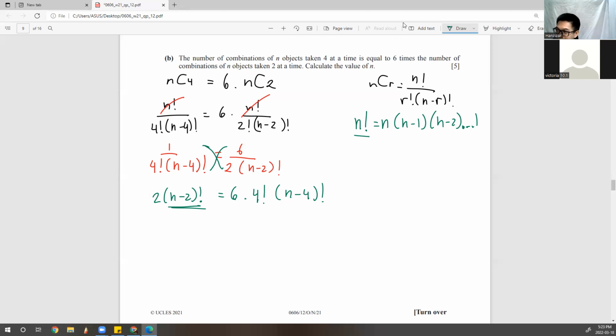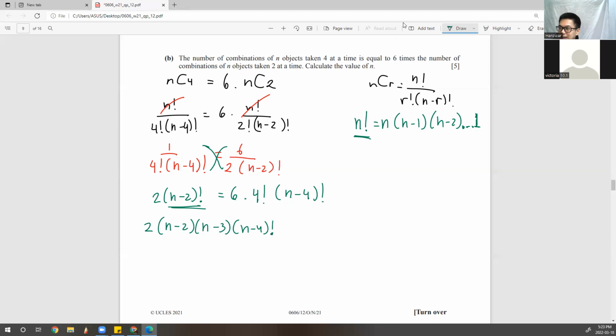And what is n factorials? Factorials means you multiply the number by 1 before, times by another one before, until it reaches 1, right? So n, n minus 1, n minus 2, n minus 3, n minus 4. It can go on and on, right? But I stop at n minus 4 factorials. Why?